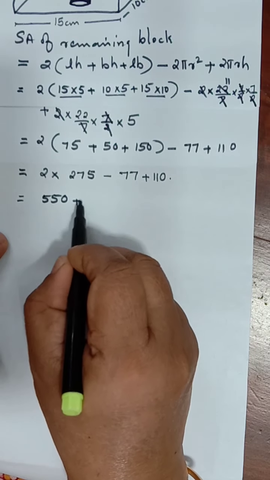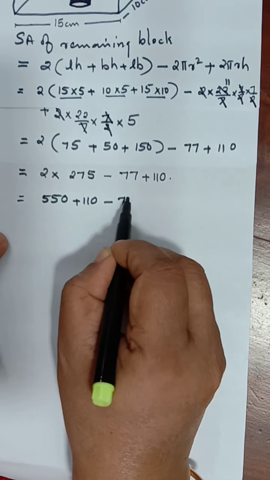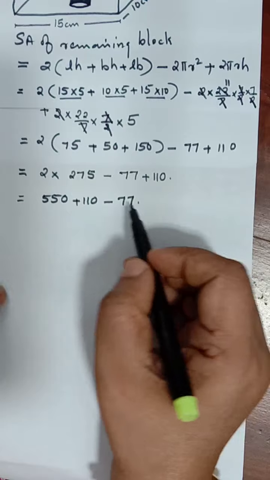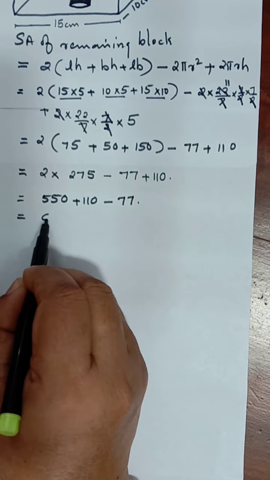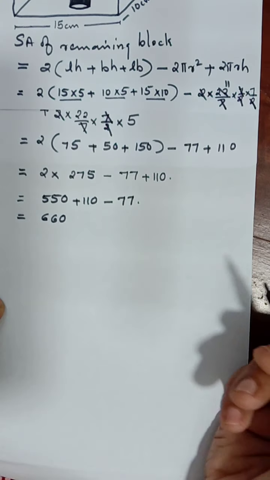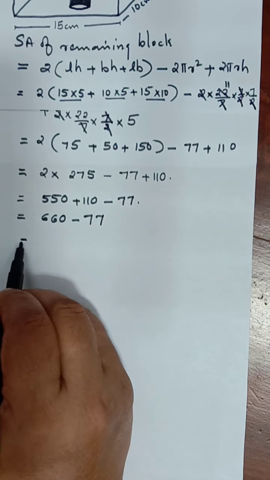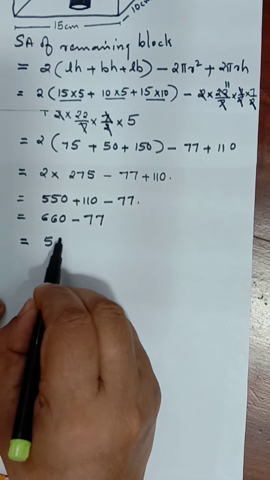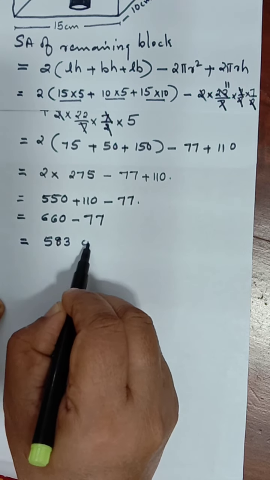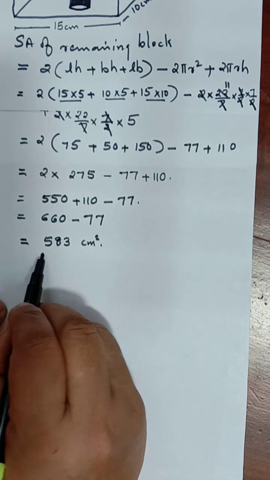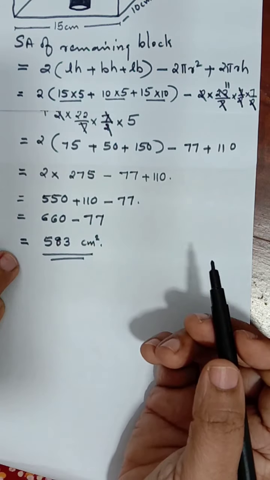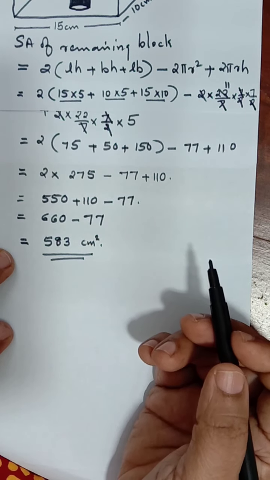Then we have to add 110. Then we will subtract 77. So when we add these two, we will be getting 660, minus 77. So when we subtract, what do we get? 583. It is in cm square. That is the total surface area of the remaining block.